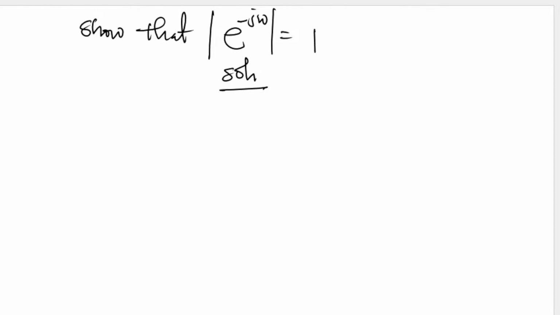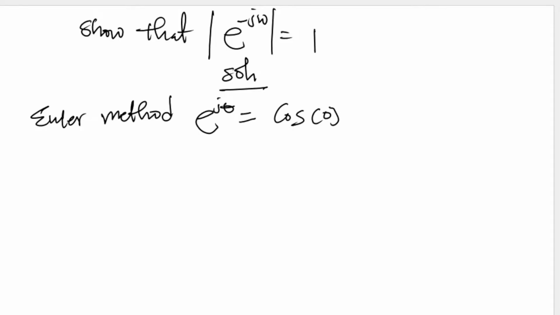Now, recall Euler's method. What's the concept behind Euler's method? Euler's method simply says exponential j theta will be equal to cos theta plus j sine theta. Now, why are we recalling this concept?